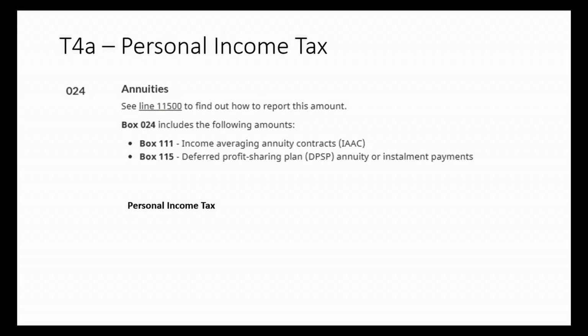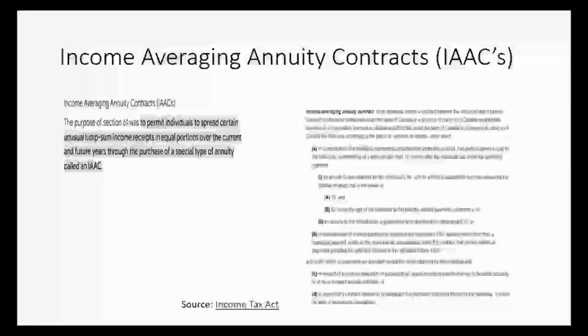So when it comes to annuities, box 24 covers box 111 and box 115. Box 111 is your IAAC, which is income averaging annuity contracts, and box 115 is your DPSP annuity or installment payments. IAAC has to do with lump sum income.